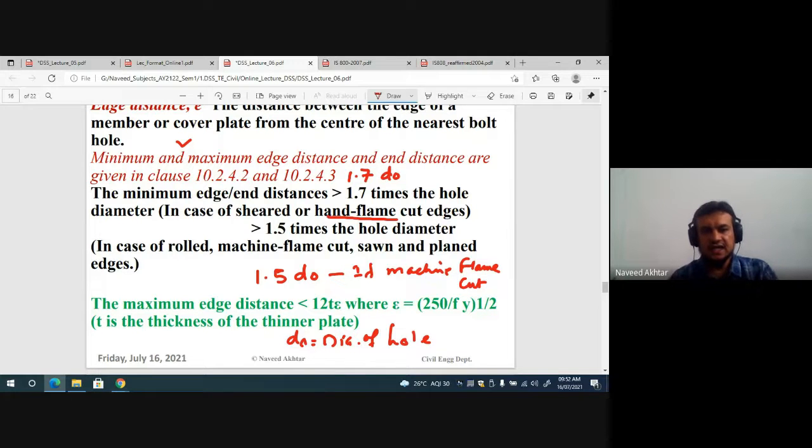And the maximum edge distance should be less than 12 times t*epsilon, where epsilon is the square root of 250 upon fy. So you can find out this value based on your fy.